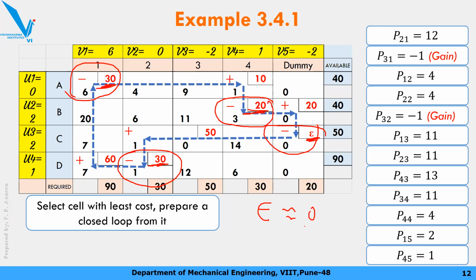So the least number here is epsilon; in some cases it might be 10 or 20 or something.